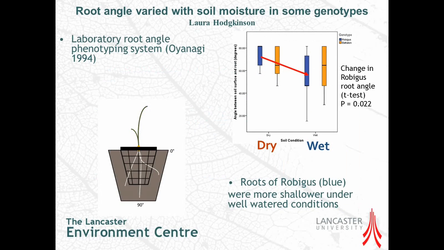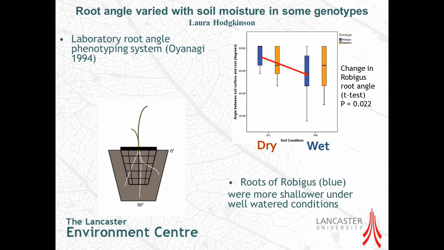What Laura has done is used, I would say, a rather low-throughput phenotyping technique that has allowed her to understand the root angle of these seminal roots of wheat. So she's used an adaptation of the basket pot method and actually determined through which of these pores in the net pot the roots actually emerge.